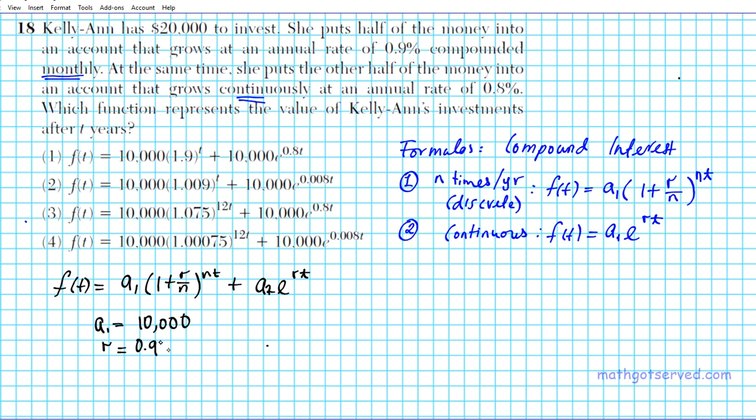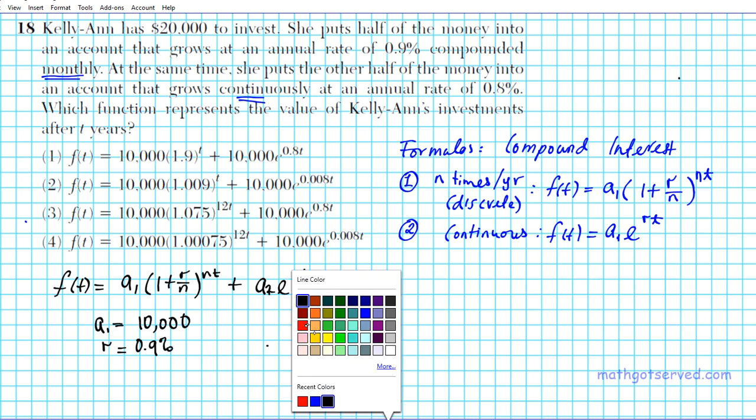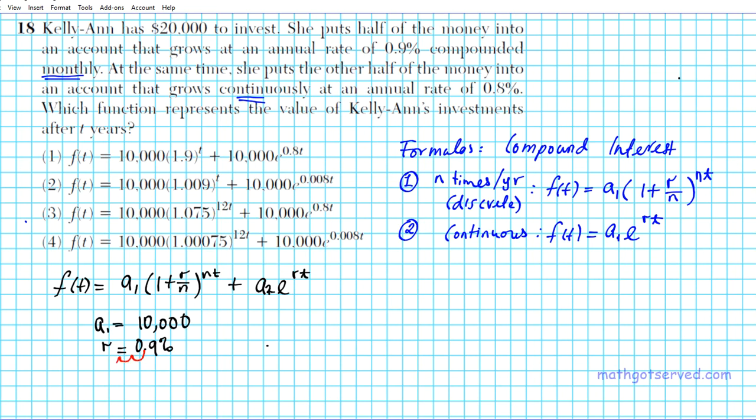0.9%. Ladies and gentlemen, this is a trap right here. You must convert your percent to decimal. Even though this has a decimal, it's still a percent. Okay, so to convert this percent into an actual decimal, we will have to move our decimal point 2 places to the left. 1, 2.